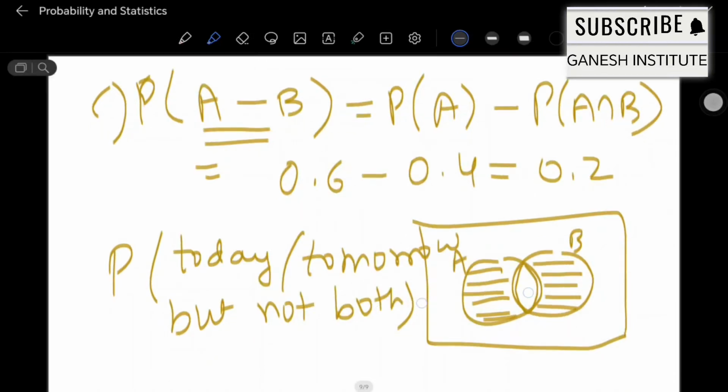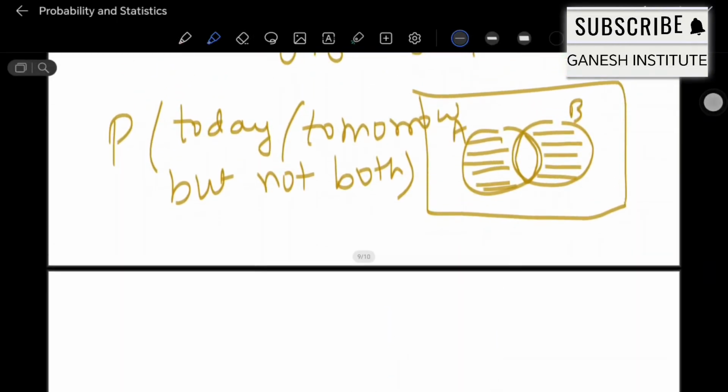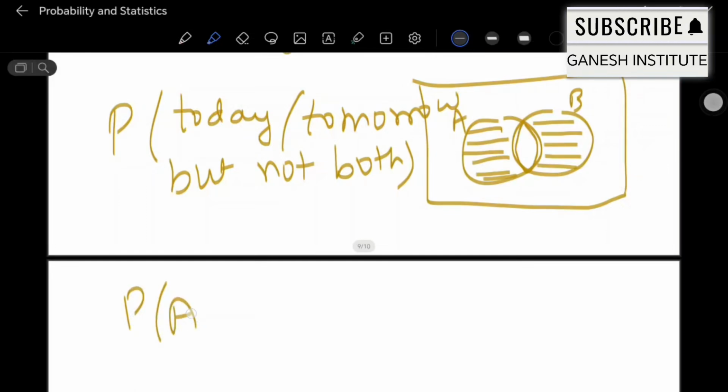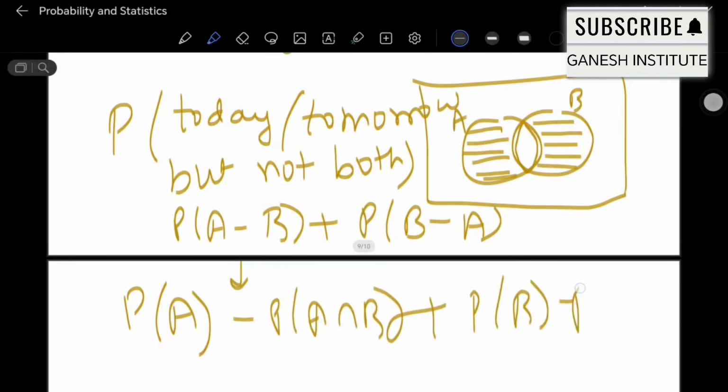That means only A, but not B, plus only B, but not A, right? So this becomes P(A) minus P(A intersection B), and this becomes P(B) minus P(A intersection B).